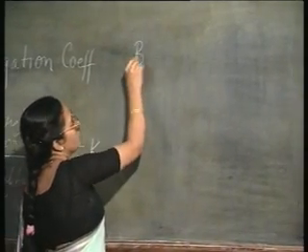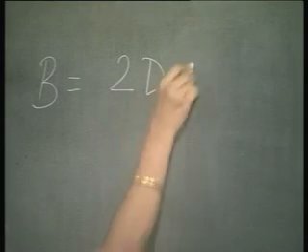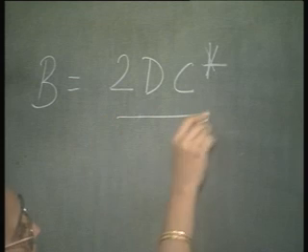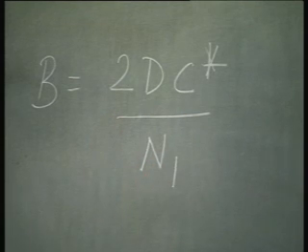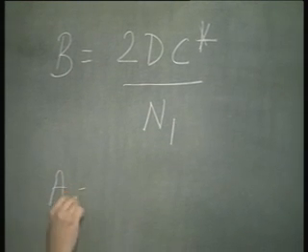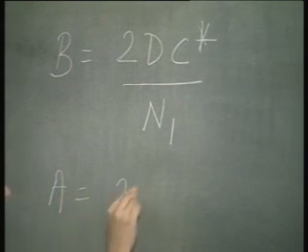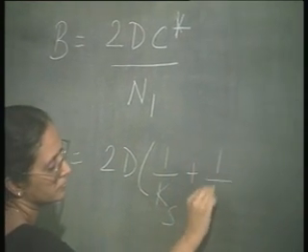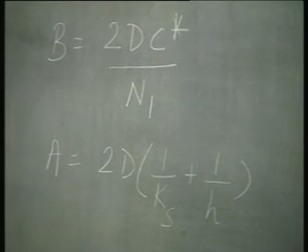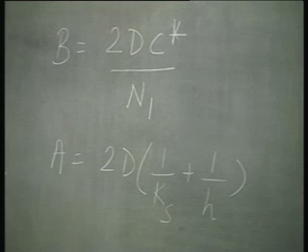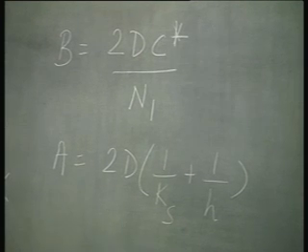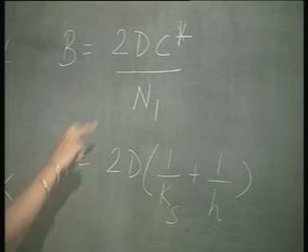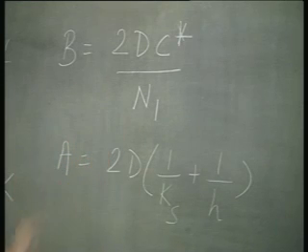The parabolic rate constant B was 2D C star by N1 and A was... isn't it? So, you know B by A will be C star by N1 into 1 by Ks plus 1 upon H, right.